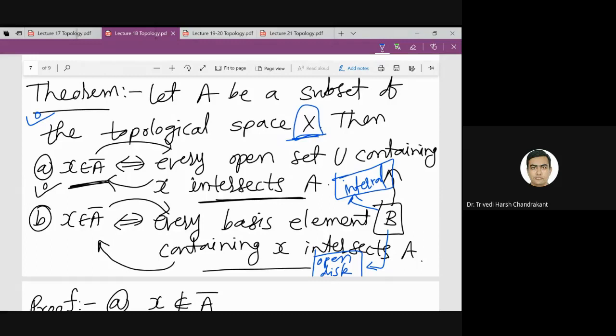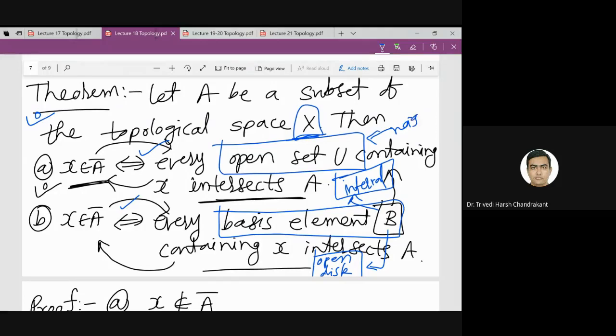But these two conditions are equivalent, so instead of considering basis elements as neighborhoods, we can also consider open sets as neighborhoods. In topology, we are not considering basic elements as neighborhoods, but we are considering the general concept, which is an open set containing the point x, as a neighborhood of x.